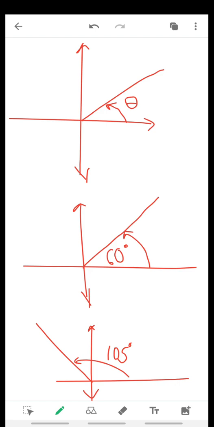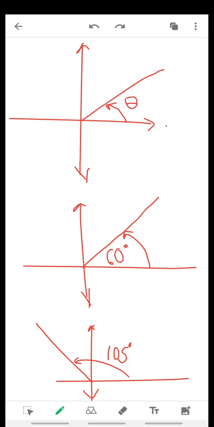I have measured from 0 degrees. Remember, 0 degrees is here. I have measured angle theta from 0 degrees. Theta can be anything, but you know it's less than 90 degrees. It's in the first quadrant. Looking at my arrow there, my arrow is showing you that I'm moving anti-clockwise.